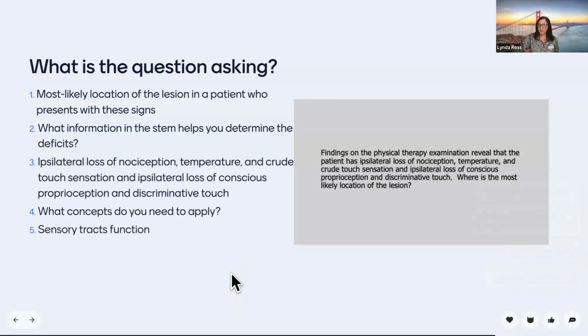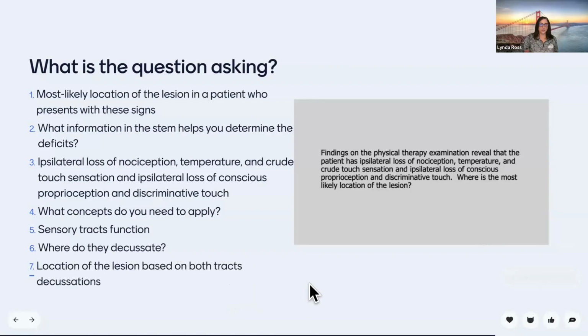We need to know what the functions are, and you need to know which tract each of these symptoms is. You need to know where they decussate, and the location of the lesion is going to be based on both tracts' decussations. Excellent.